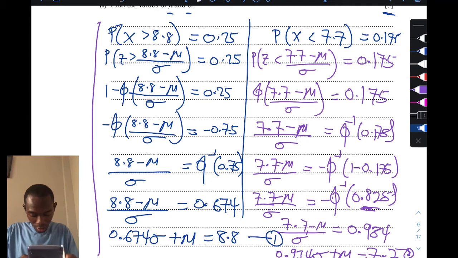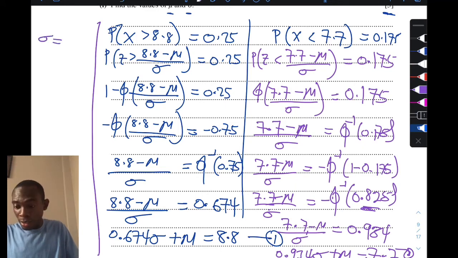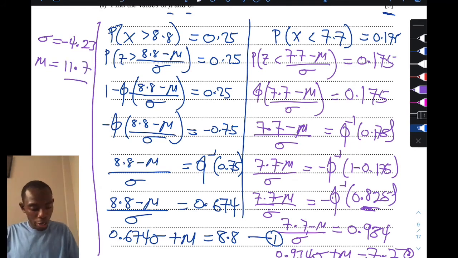So 8.8, then we have 0.934, we have 1, we have 7.7. Great. Now the answers are: sigma is negative 4.23, and then the mu, according to my calculator, is 11.7. Okay, so that is it.